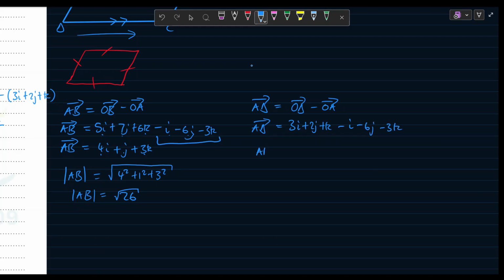So it means our AD is equal to 3i minus I, 2i, 2j minus 6j, minus 4j, k minus 3k, minus 2k. All right, now let's find its magnitude. So that's going to be the square root of 2 squared plus negative 4 squared plus negative 2 squared.